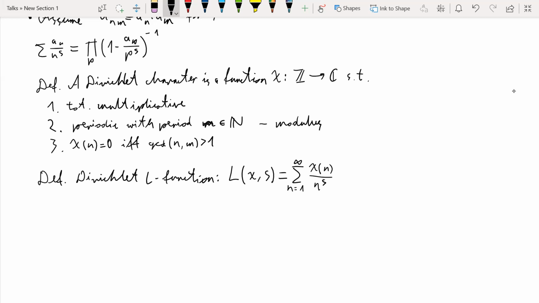It turns out that in non-trivial cases, this makes sense whenever s has positive real part, not necessarily greater than 1.